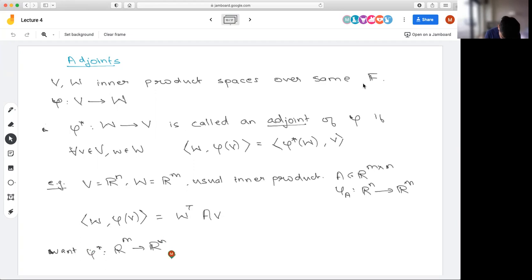We can think of it as a matrix B, which now has n rows and m columns, such that for all V and W, the inner product of phi star of W, which is now B times W, transpose times V, is equal to the inner product of W with phi of V, which is W transpose AV that we just saw. Any guesses for what this matrix B should be?